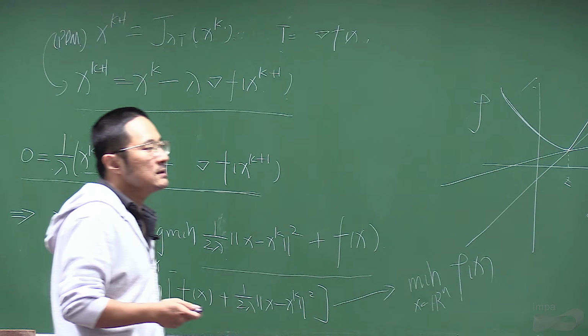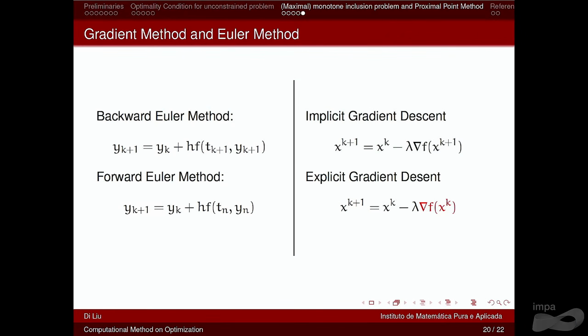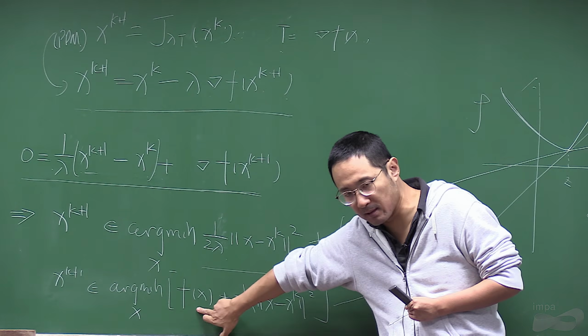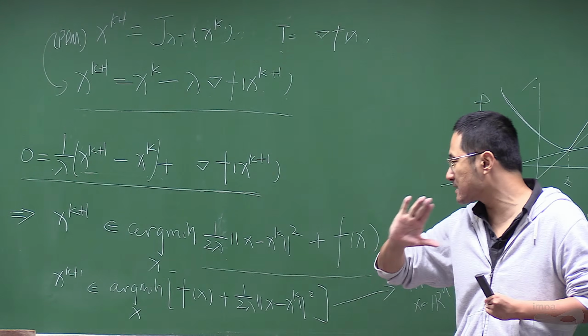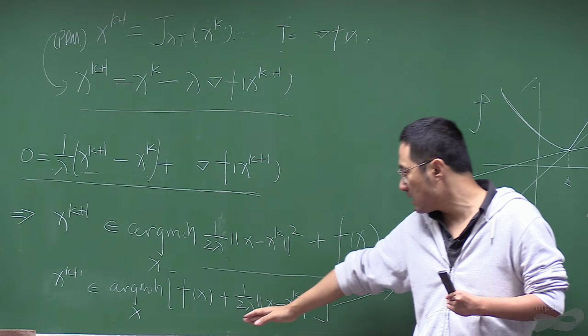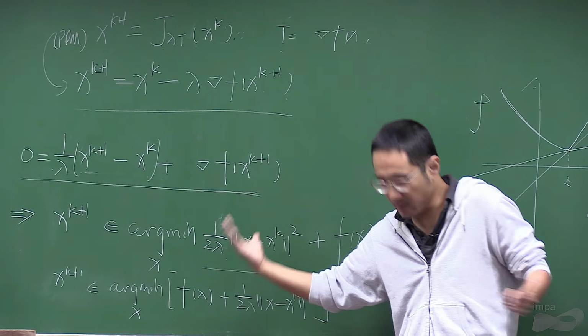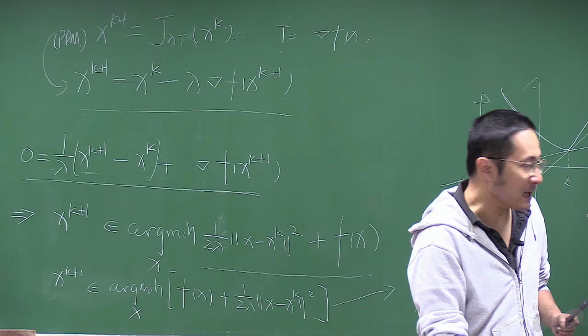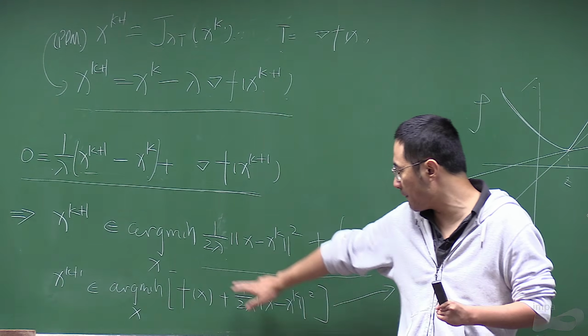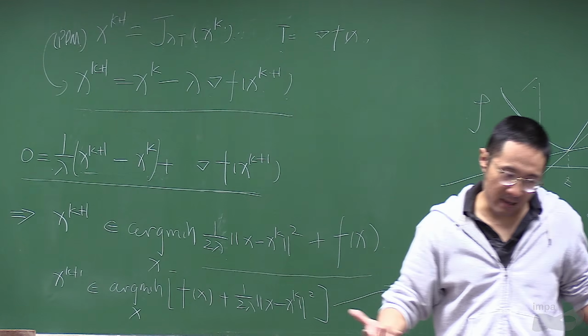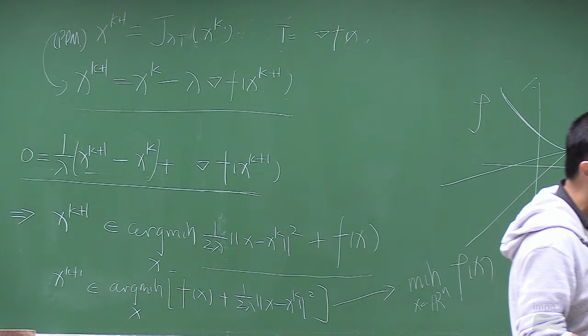So if you have a structure in the original problem, and an explicit closed form solution for these subproblems, it's okay. But if you do not have a closed form, then generally speaking it's still a hard problem.